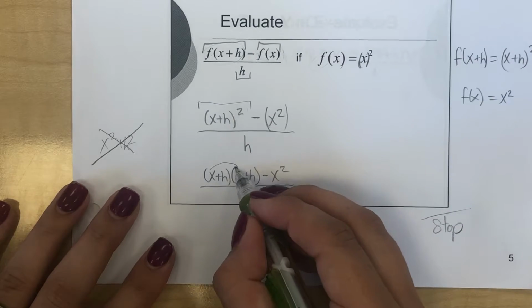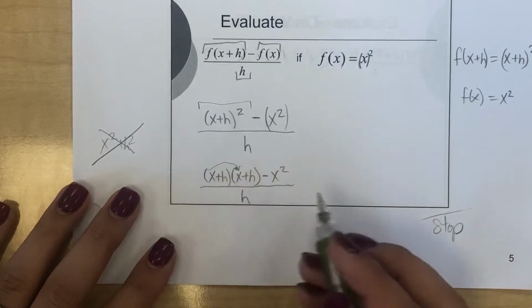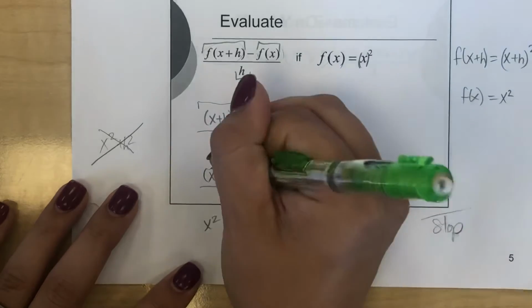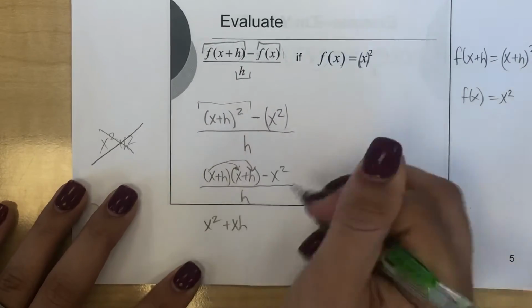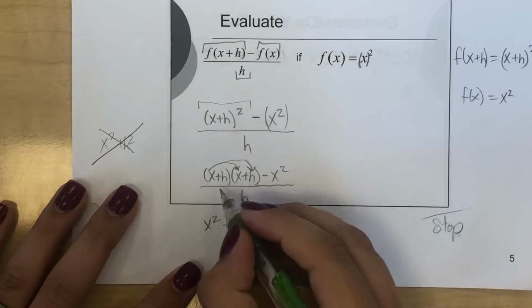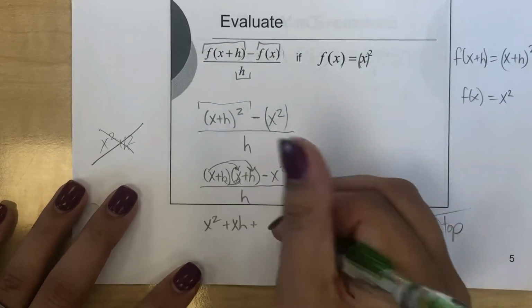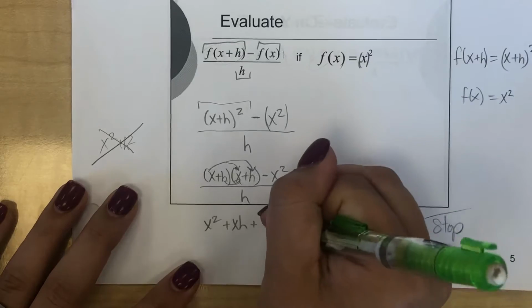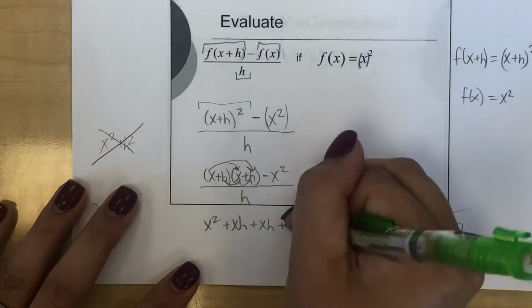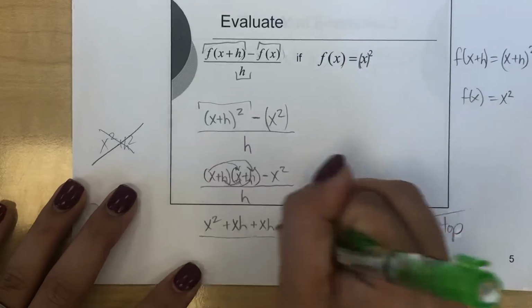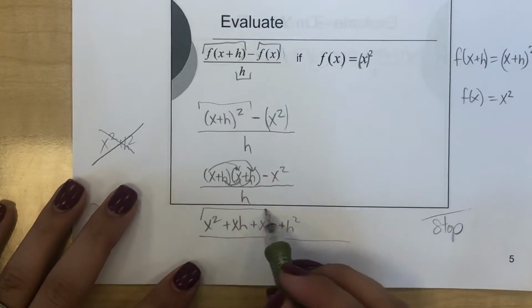Okay, so I'm going to distribute the first x to both of these terms: x squared plus xh, and then plus, because that's positive, h times x is hx, but I'm just going to write that as xh, and then h times h is h squared. So that's this, okay?